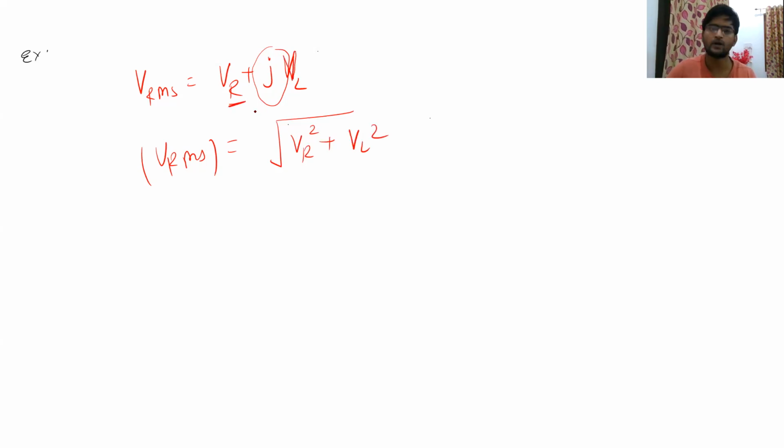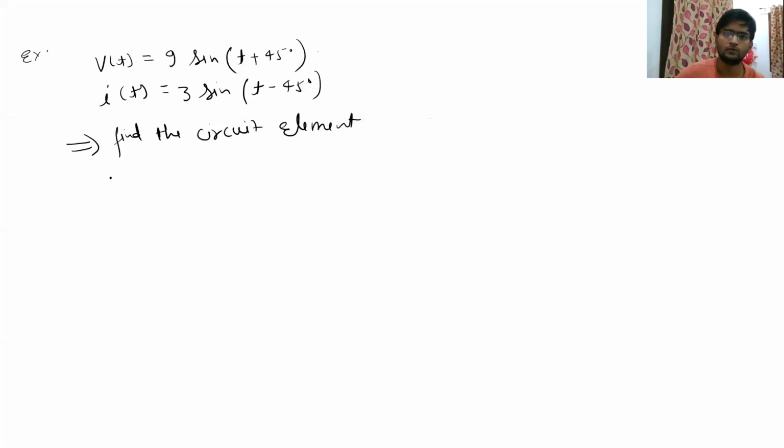So let us move to another example. For a given circuit, the voltage and current equations are given. As you can see in these two equations, voltage has a plus 45-degree phase and current has a minus 45-degree phase.